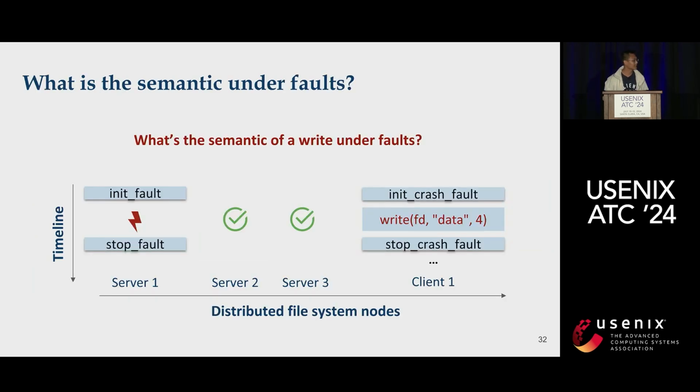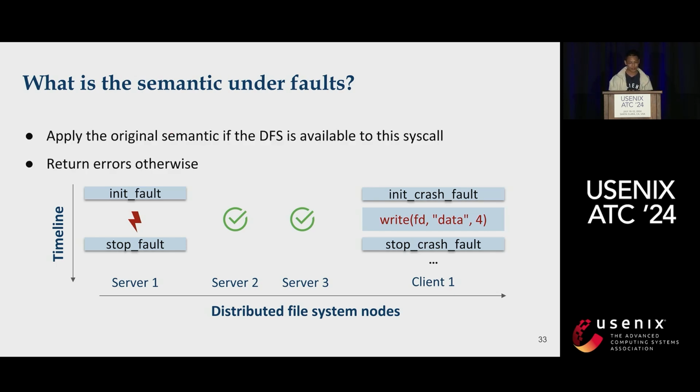Now we can find semantic bugs under sequential and concurrent executions when there's no fault. Because once there is a fault, the file system's syscall semantics change. For example, if you execute a write under a fault, can you directly apply the original semantics to get the execution result? Obviously, we can't, right? Because once there are faults, maybe the file system becomes unavailable, and thus the write can fail even if the parameters are valid.